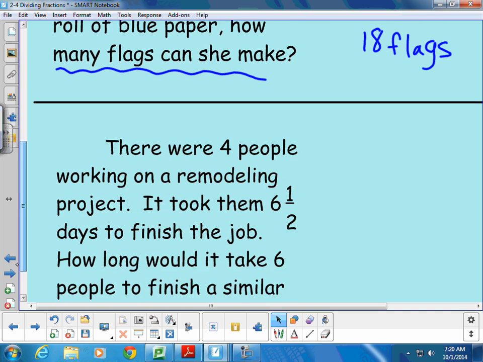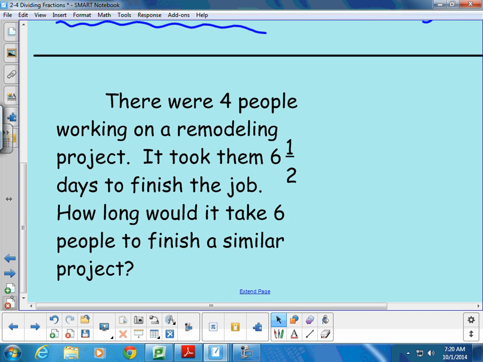Last one, I suggest maybe you take a chance to read it and try it and then come back to me. It is also in your book on page 104, example 5. So there are 4 people working on a remodeling project. It took them 6.5 days to finish the job. How long would it take 6 people to finish a similar project?